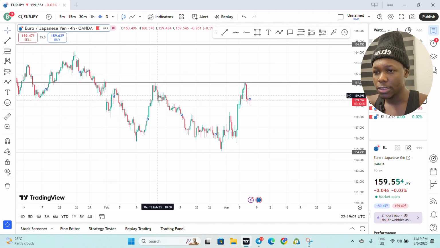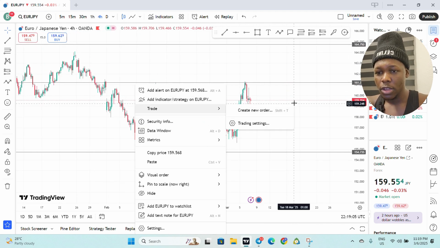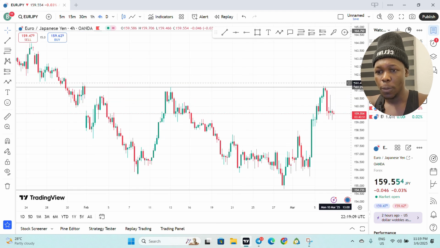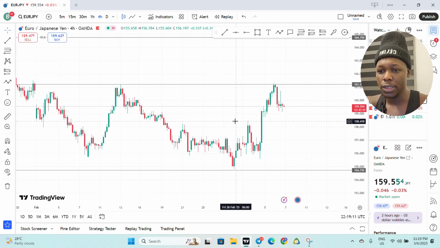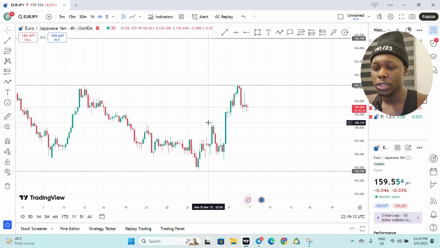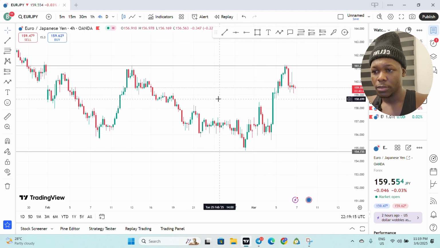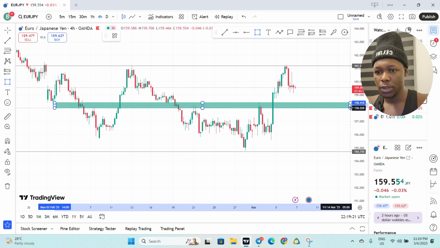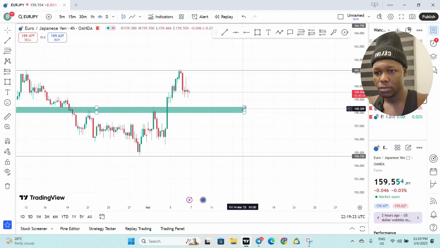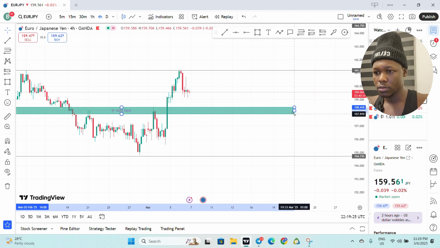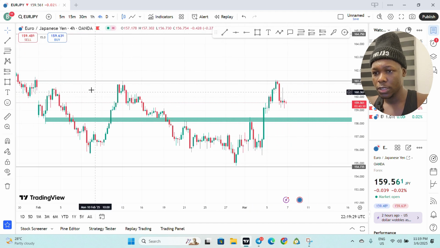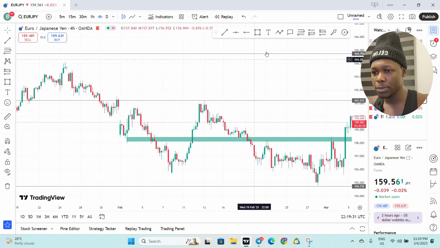So what I do here in the 4 hours is mark out my most important support and resistances, because if you want to take an entry, we're looking at the most important support and resistance. We have this one over here, this one over here, and then we already got this one. We already marked this one out.